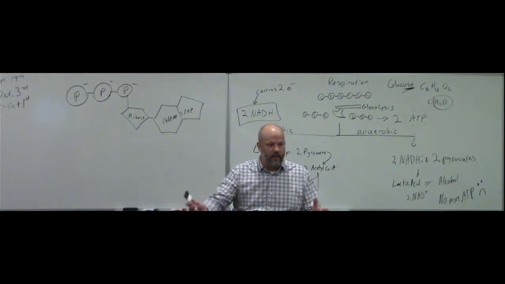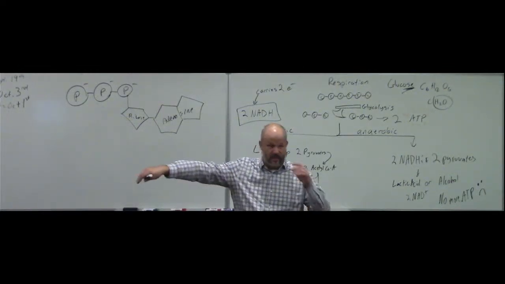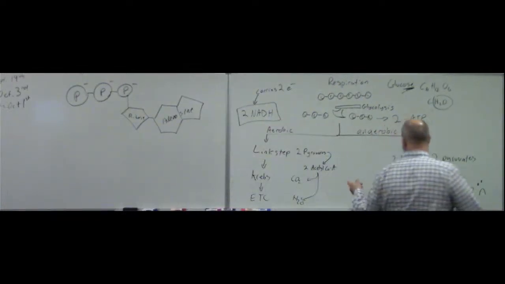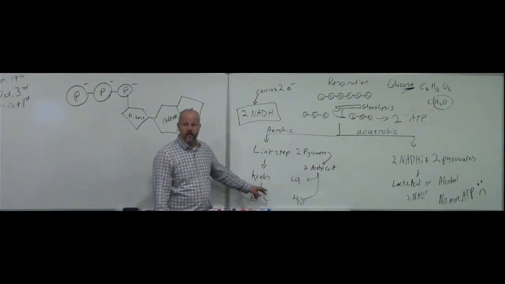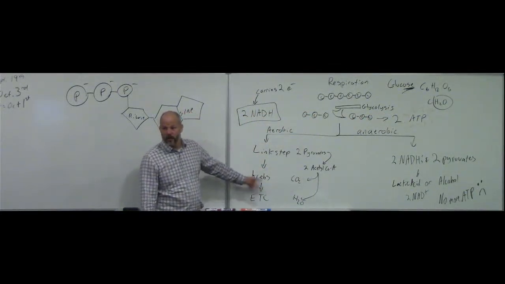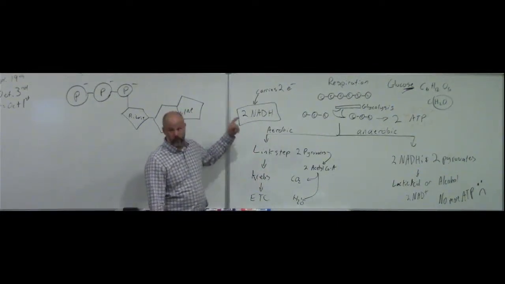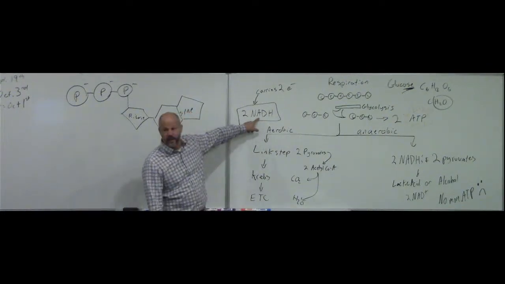It piles up, and eventually it overflows and crashes, and you can't put anything else on it. That's what happens here. If there's no oxygen at the end of the electron transport chain, there's nowhere for these electrons to go. They back up, and somebody has to do something. We've got to get rid of all these electrons in NADH.